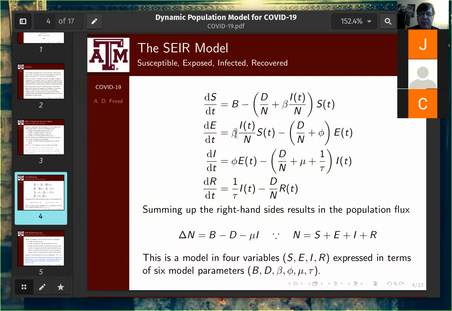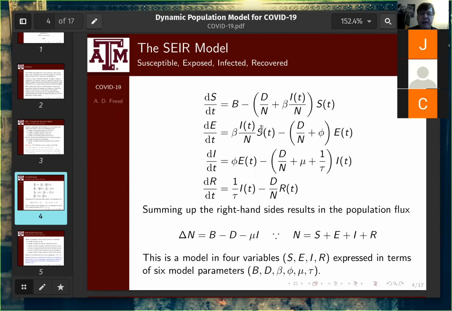Beta represents the number of person-to-person contacts that take place between a typical person in the population for a given day. So beta times I over n is the number of person-to-person interactions that take place with those that are infected.